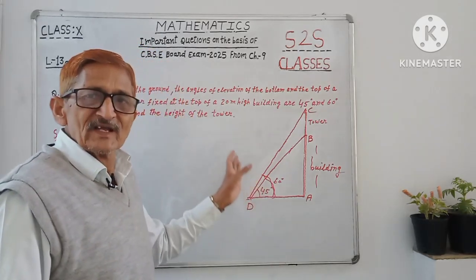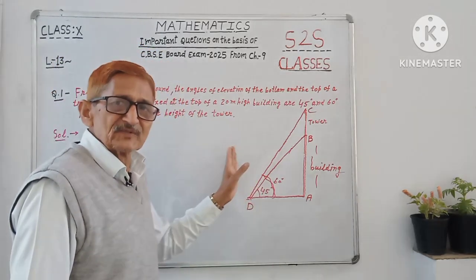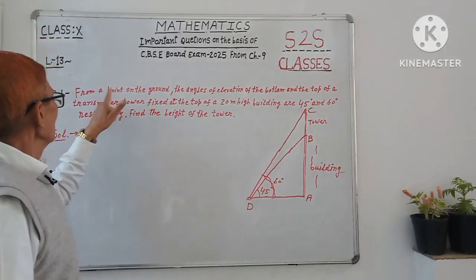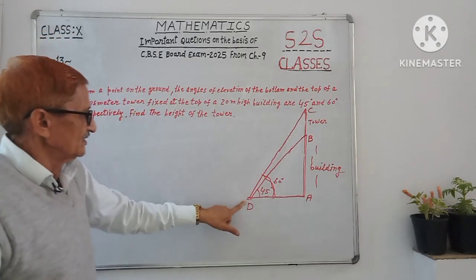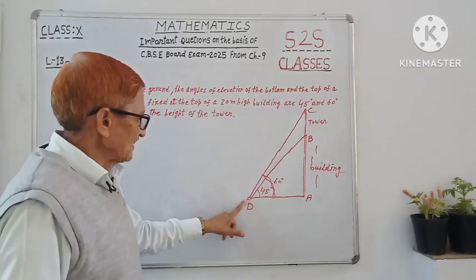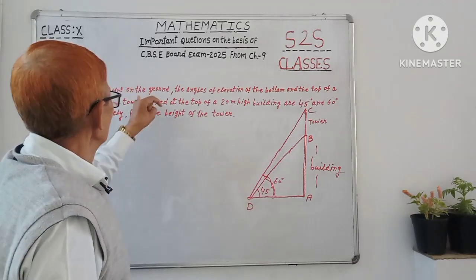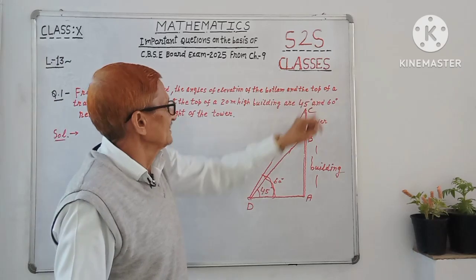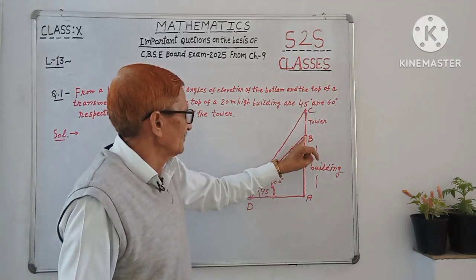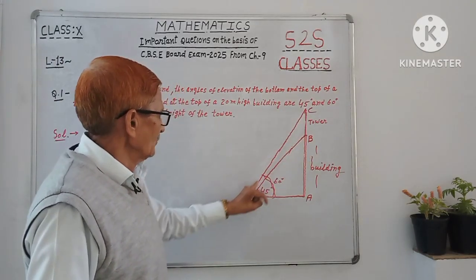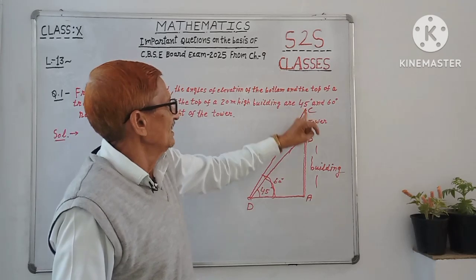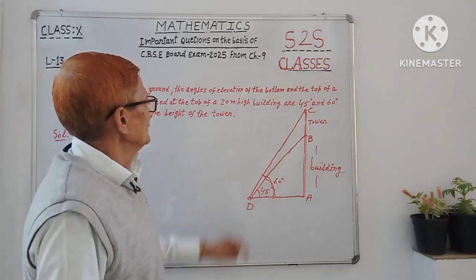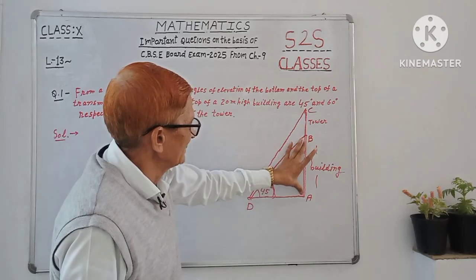So here in application of trigonometry, chapter 9, one question is important. From a point on the ground, let D, from the point D, the angles of elevation of the bottom and the top of the tower. BC is the tower standing on the building AB.